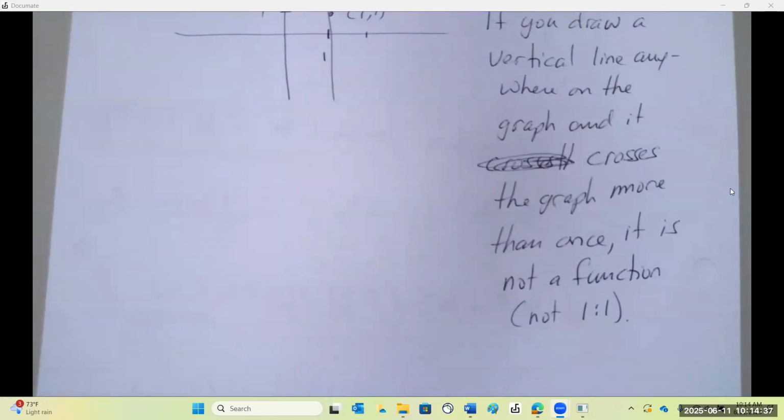So if I give you a picture and you could draw a vertical line anywhere and it crosses it more than once, it's not a function. Everybody got it?